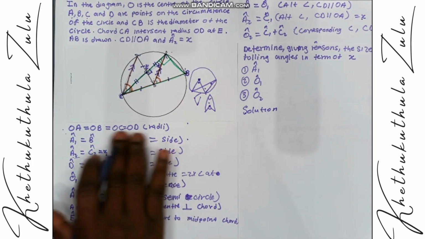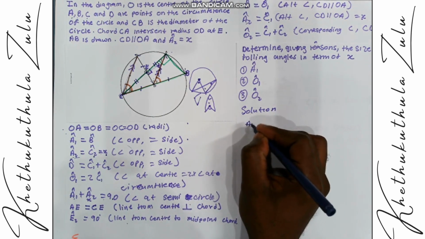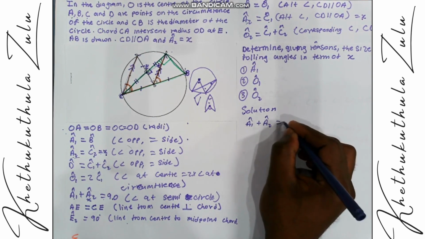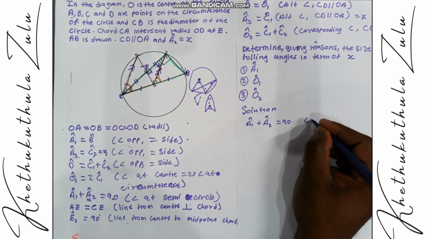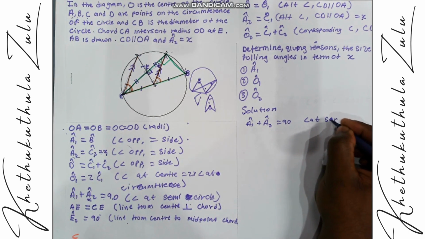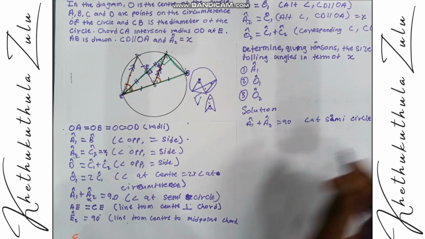From here we know that A1 plus A2 is equal to 90 degrees, angle at a semicircle. A1 plus A2 is equal to 90, angle at semicircle, not semi-segment, sorry guys.